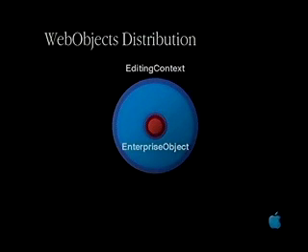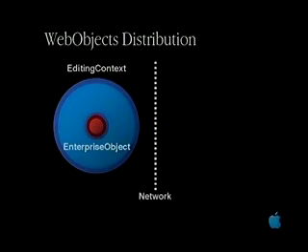Okay, WebObjects distribution. I don't know how many of you were here this morning, but the basic idea here is that you have an editing context containing an enterprise object on one side of the network. You have an object on the other side of the network that wants to communicate with it. Again, we want to avoid the overhead of the conversation between the two objects.